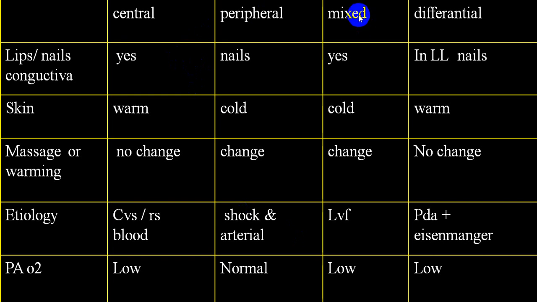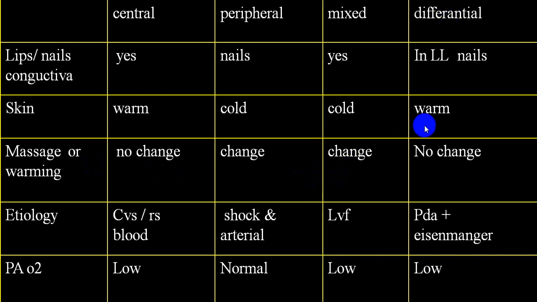To differentiate mixed and differential cyanosis: in the mixed variety, both central as well as peripheral features are present, but here the extremities will be cold, so you will have central cyanosis with peripheral cyanosis. Massage may produce a little change in the peripheral tissue, that is, in the extremities.